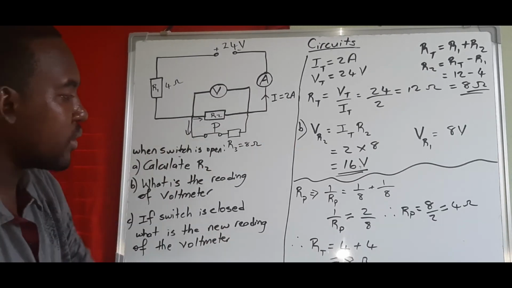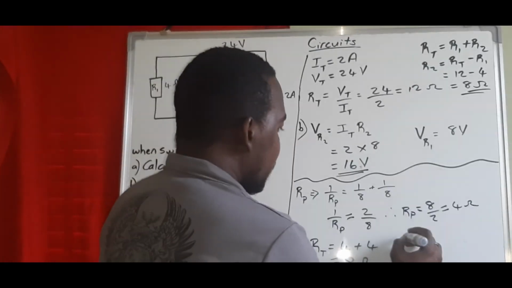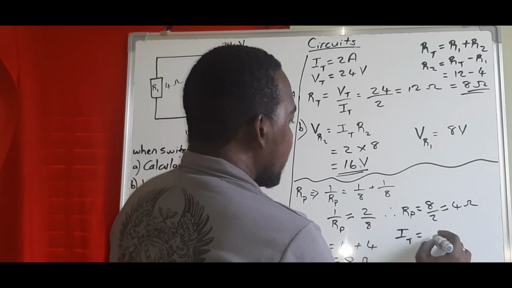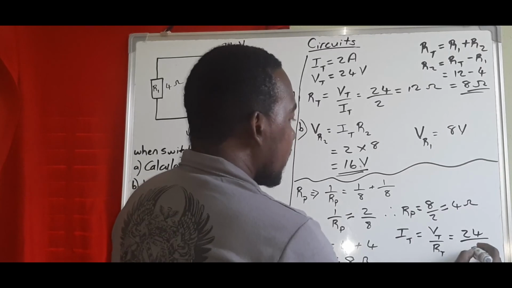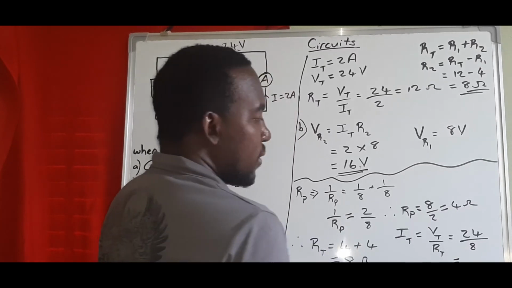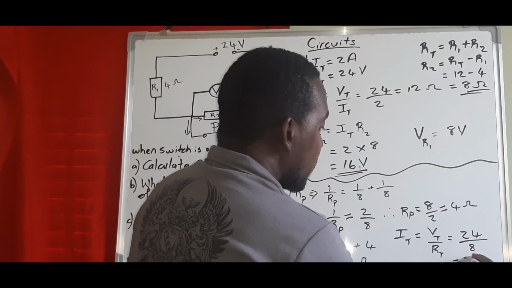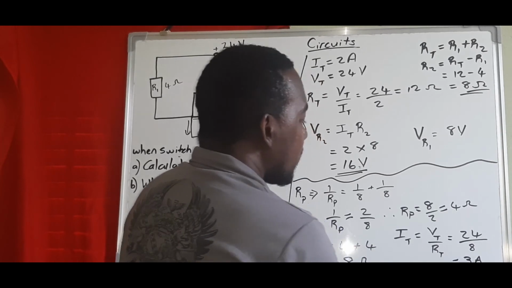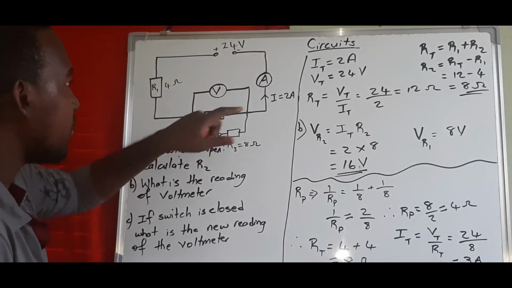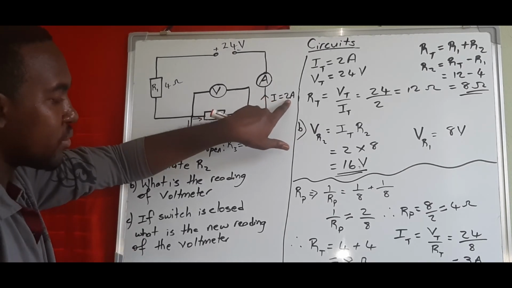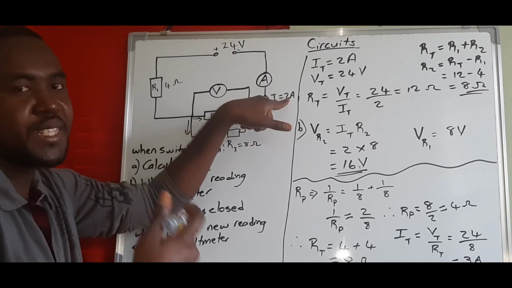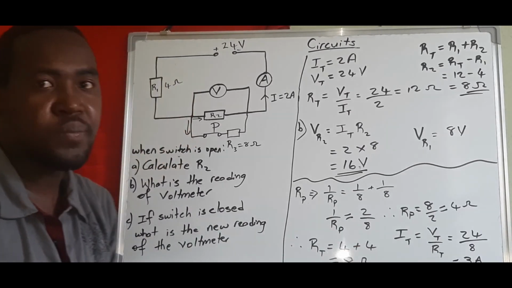So we have the total R, so we can find the total I, which is VT over RT. So VT is 24 and RT is 8. So this now gives us 3 amp. So the current now is no longer 2. You've reduced the resistance, so your current now increases. So it increased to 3.